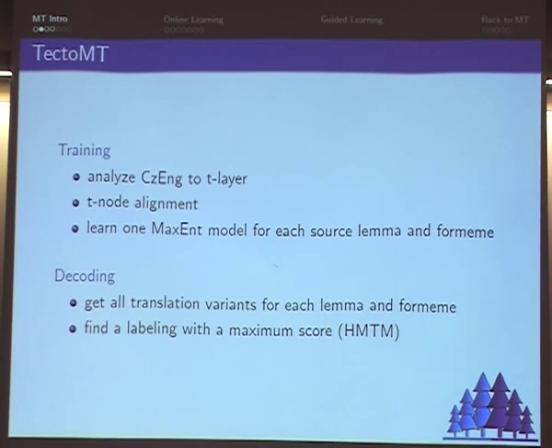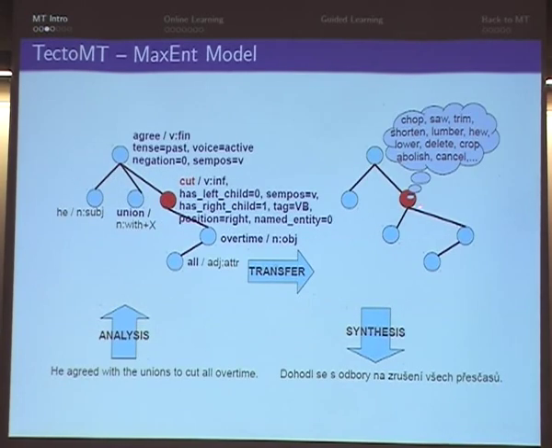So we have no search errors in current TectoMT, which is somehow unbelievable for a phrase-based system, but it's thanks to the fact that the features are local. Actually, the features on the target side, where instead of the usual n-gram language model, we use a target language tree model. So it predicts the probability of a node, I mean of its label, given its parent node.